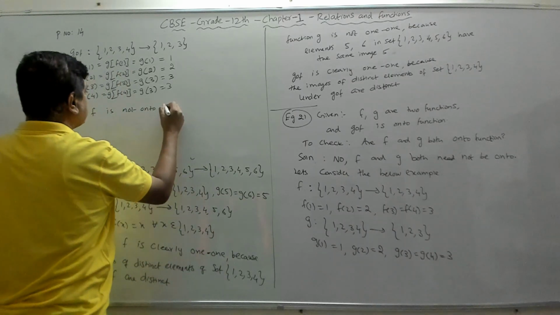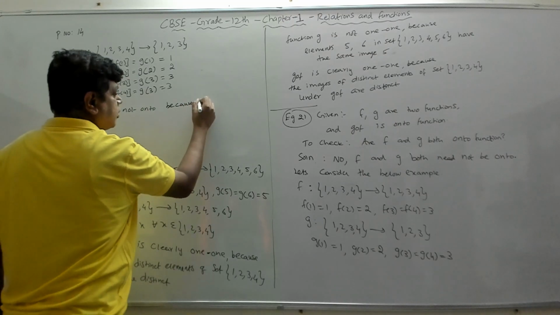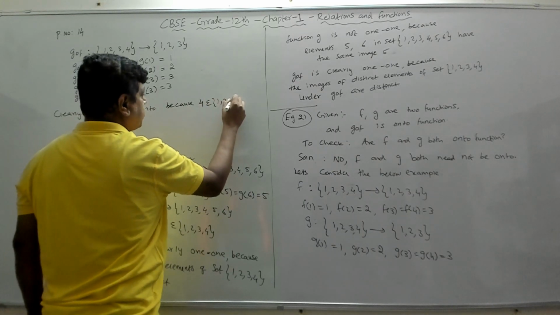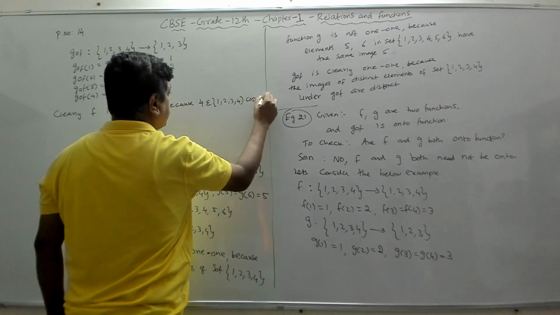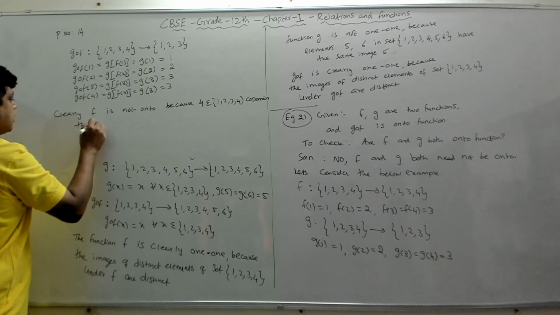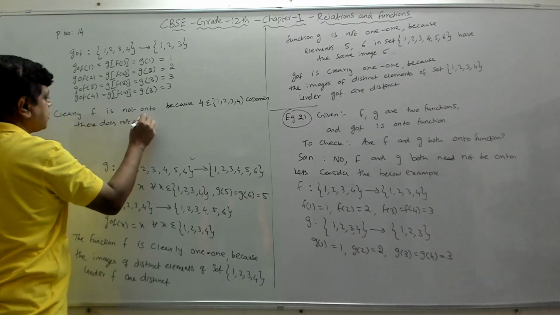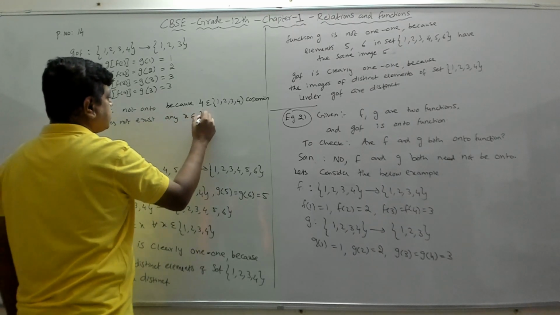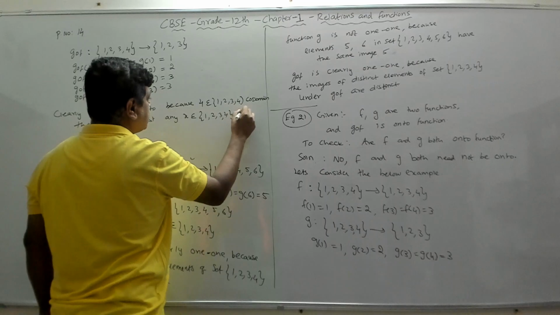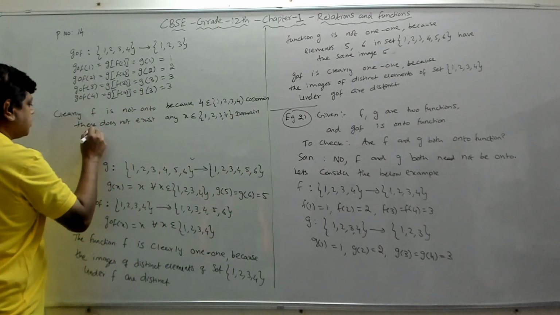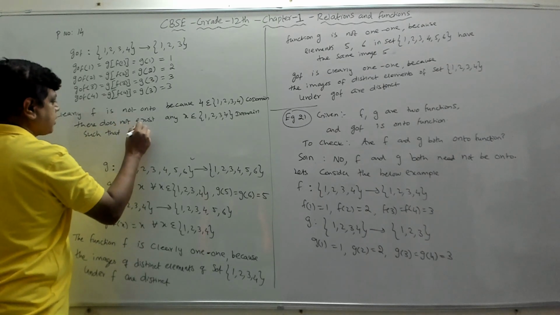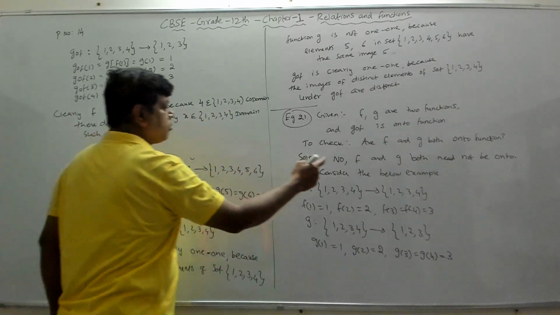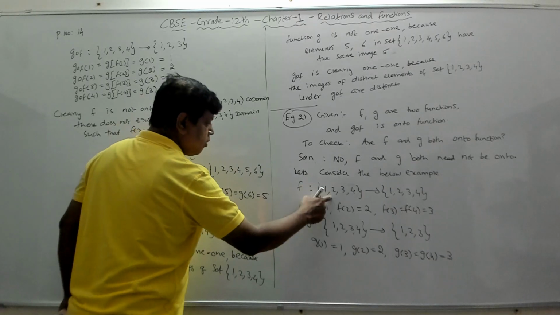So clearly f is not onto because for this element 4 belonging to the codomain {1, 2, 3, 4}, there does not exist any x belonging to the set {1, 2, 3, 4}, which is the domain set, such that f of x becomes 4.